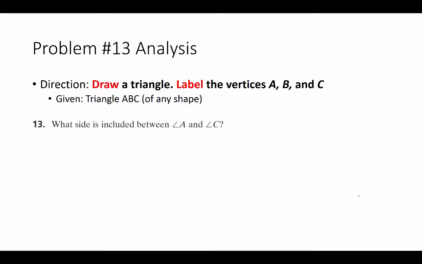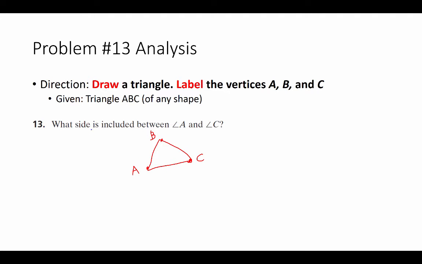Let's look at number 13. This time we have to draw a triangle, that's our goal, and then answer the problem. Label the vertices A, B, and C. You're more than welcome to choose whatever figure you like, whatever orientation, but just make sure it goes A, B, C like that. You can make it obtuse if you want. It really doesn't matter.